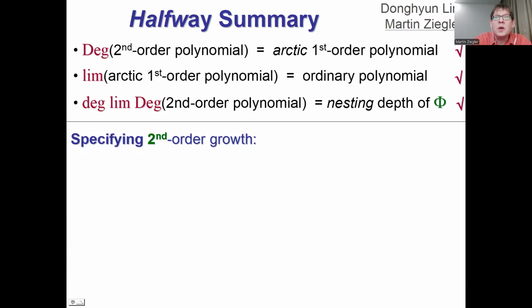The one main motivation is to specify second order polynomial growth in various degrees of conciseness and preciseness. Concise, precise. And to illustrate that point, let's review the example from the first order case.